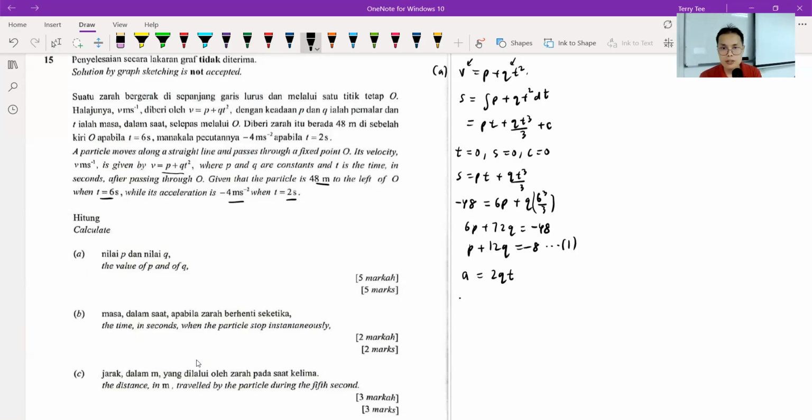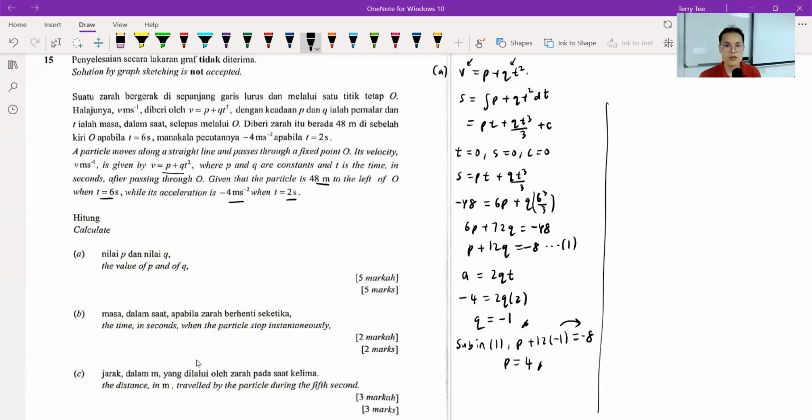We know the acceleration is negative 4 when t is 2, so q is negative 1. Sub inside equation 1: p plus 12 times minus 1 is minus 8. Minus 12 bring over is 12. 12 minus 8, p is just 4. So I got the values of p and q.